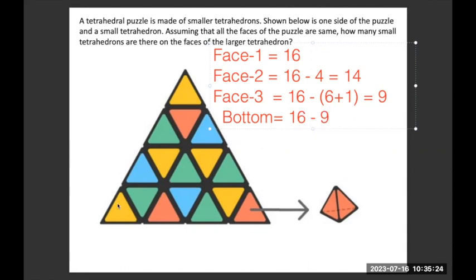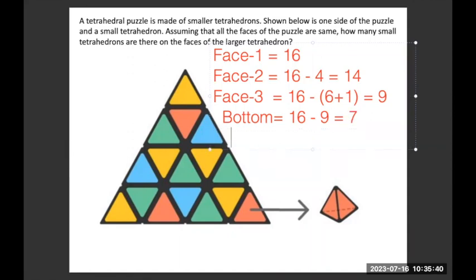All these edges are already counted in the 3 facades here. So that's why I will say 16 minus 9, which is equal to 7.